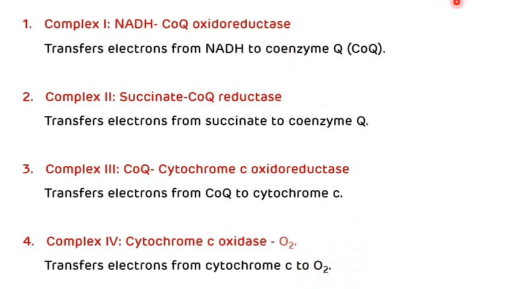So this is the information related to the four main complexes of the electron transport chain, which are connected to each other with the help of two mobile carriers.